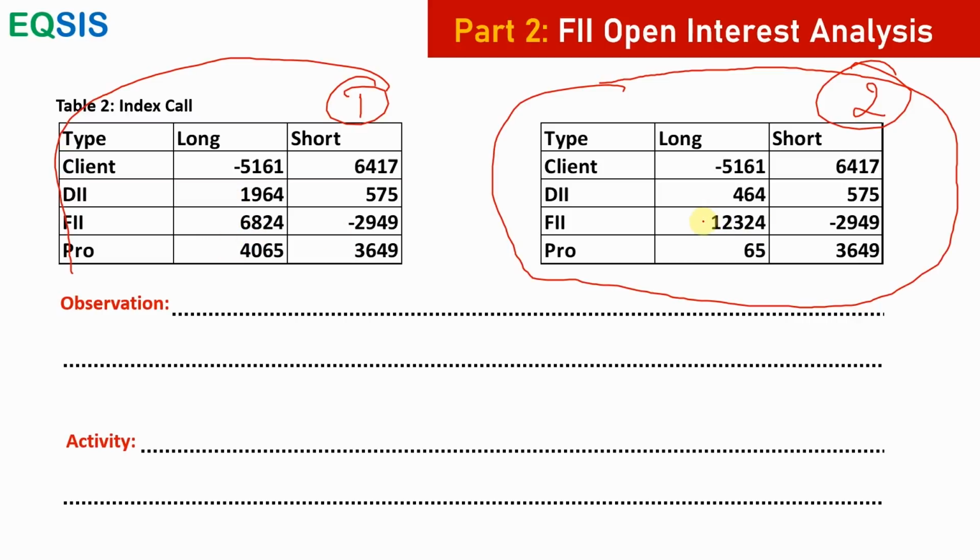But look at this particular one. Any increase in open interest is certainly not by DII or Pro, it is only because of FII. So I can confidently say that, because nobody else segment-wise has increased open interest. If there is an increase in open interest, it is only by FII.